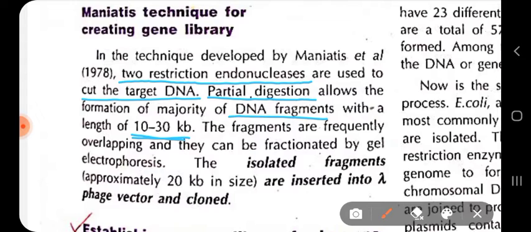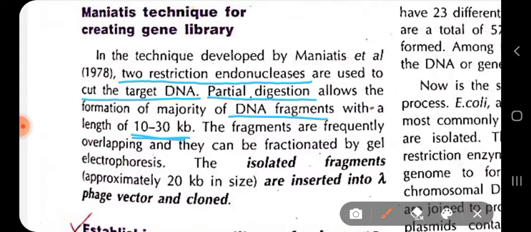Okay, the pBR322 vector that you have studied in class 12, I have also mentioned in your previous classes. Its gene insert size is very small, because it is small in length.